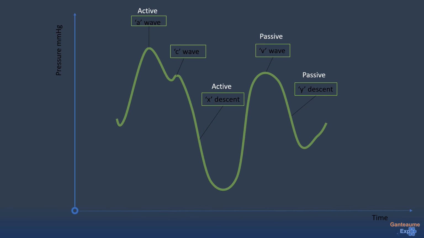The A wave is atrial contraction, the C wave, as well as the X descent, is ventricular contraction or ventricular emptying. V wave is the atrium passively filling, and the Y descent is ventricle passively filling. This cycle then repeats.